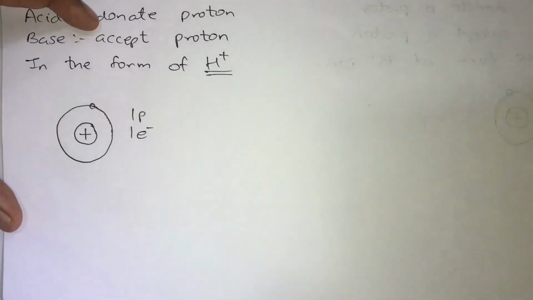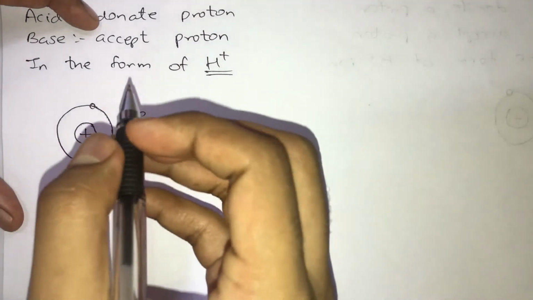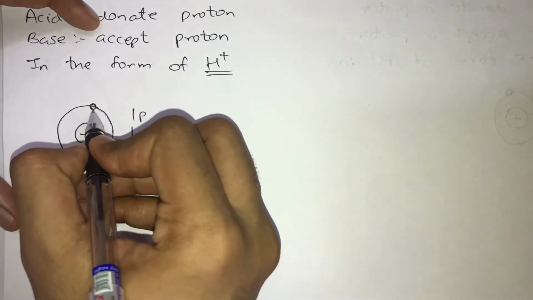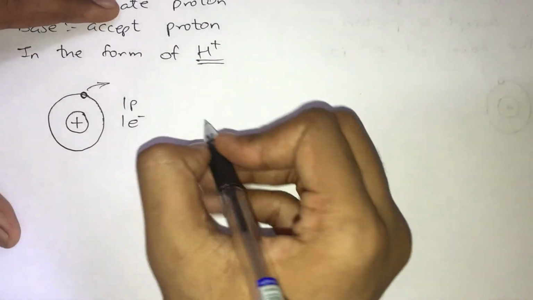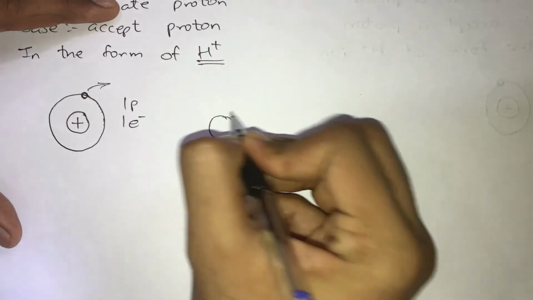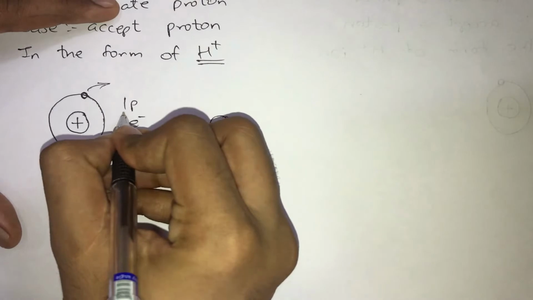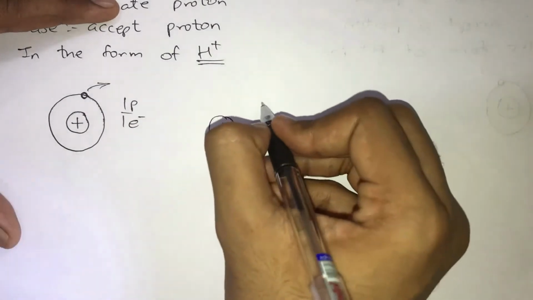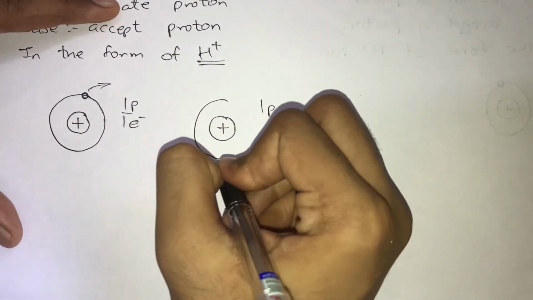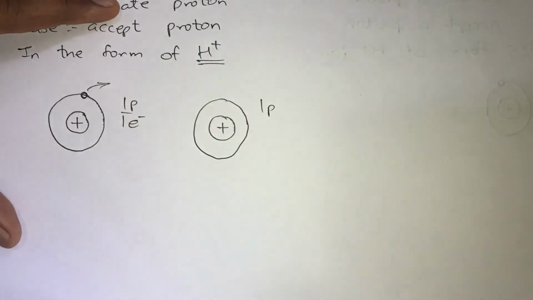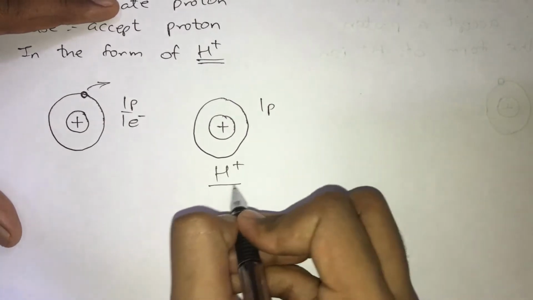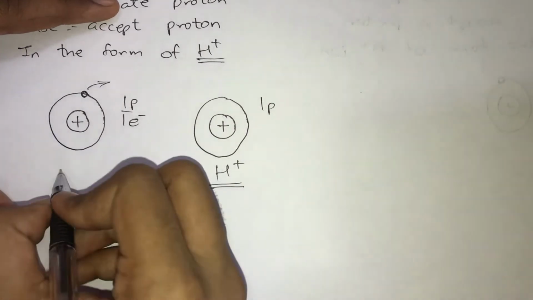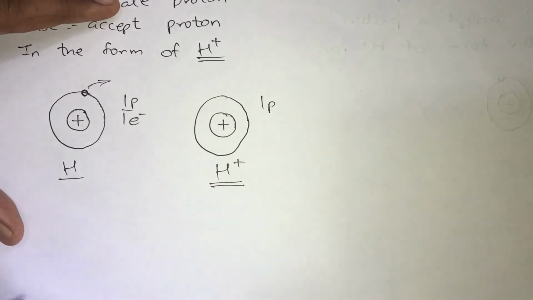Am I right? Now what we are going to do is remove this electron. If we remove this electron, we are going to be left with only one proton which is present in the nucleus, and there will be no electron in the energy level. So this is nothing but known as the H plus ion, and this is your hydrogen atom.